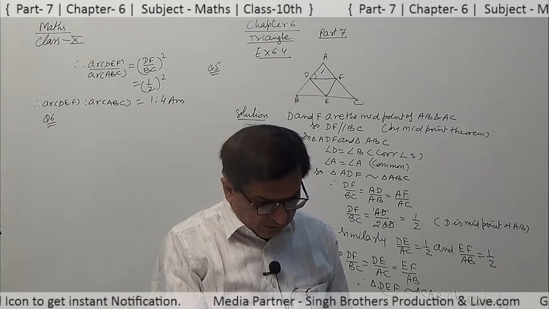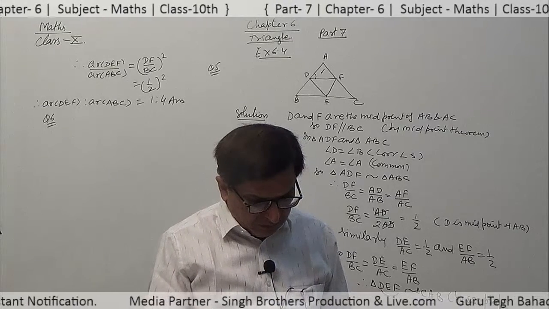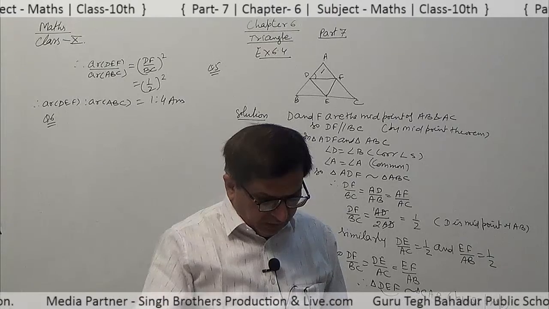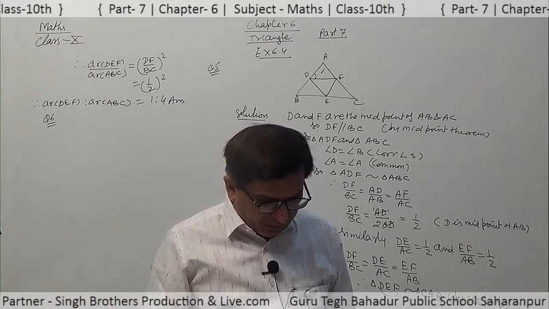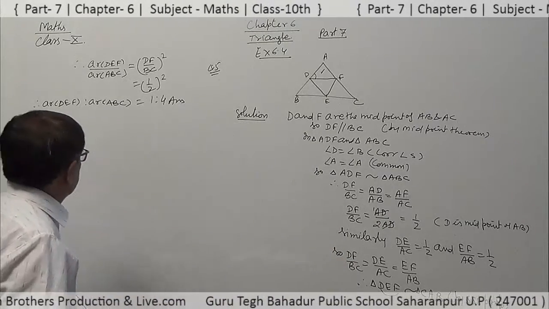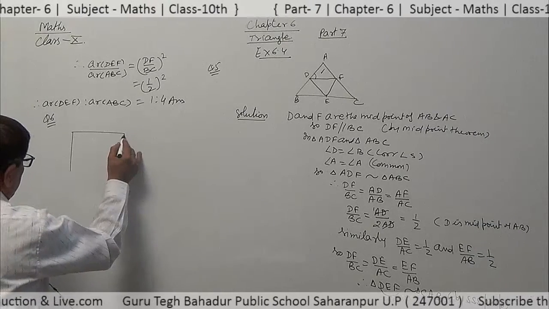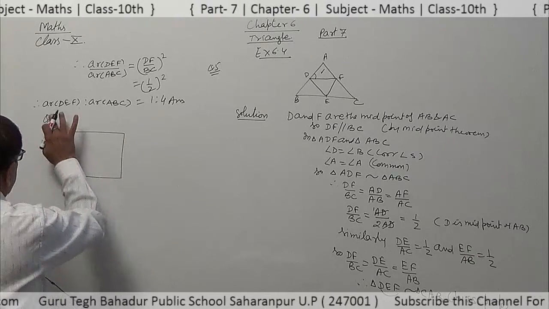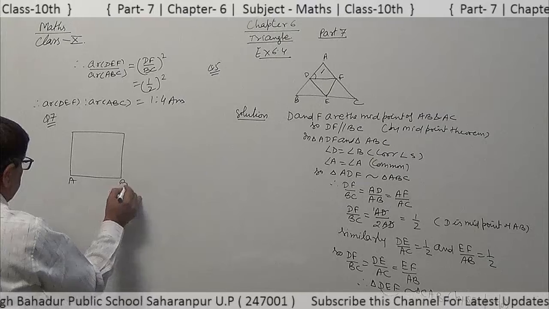Question number 7. The area of an equilateral triangle described on one side of a square is half the area of the equilateral triangle described on its diagonal. This is your square ABCD.